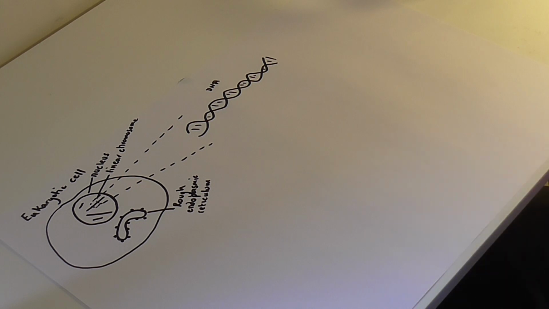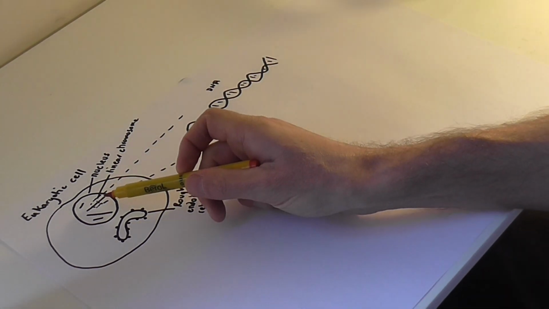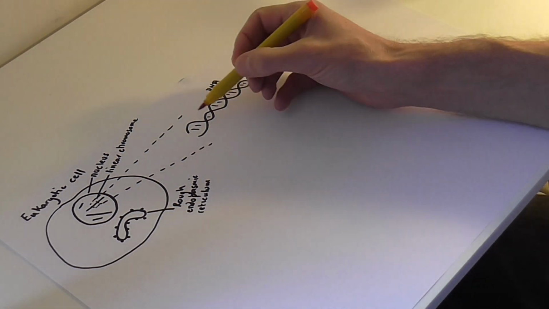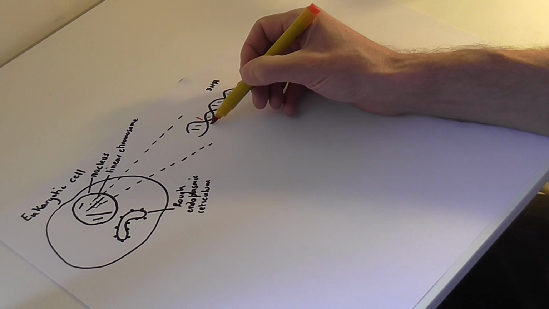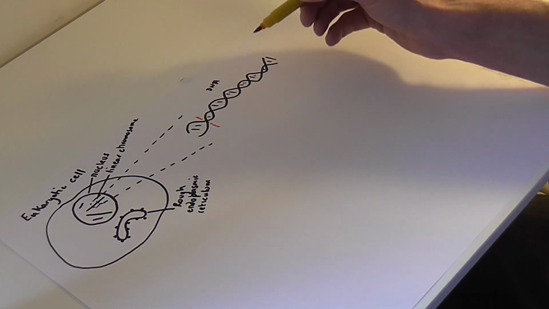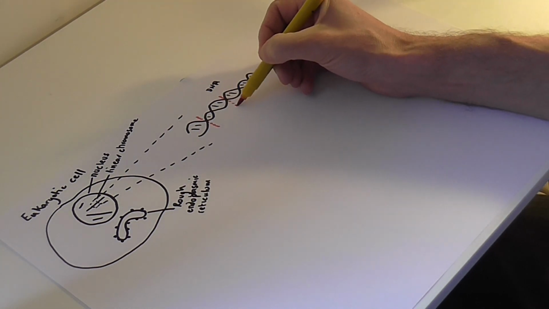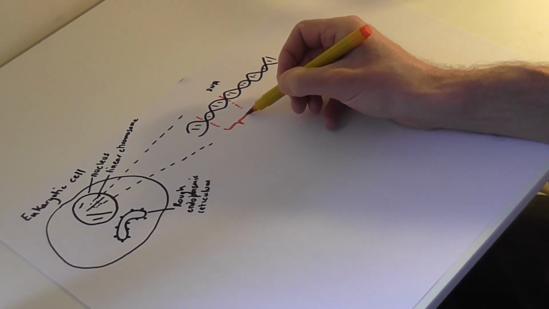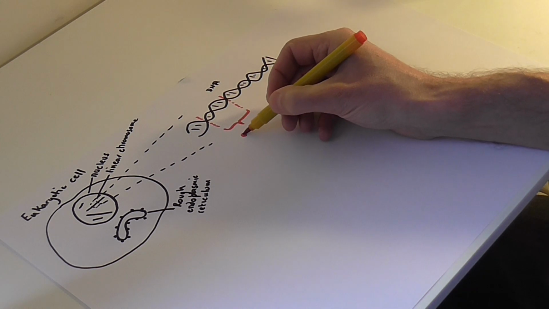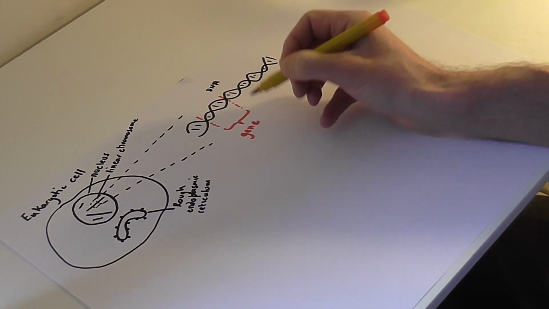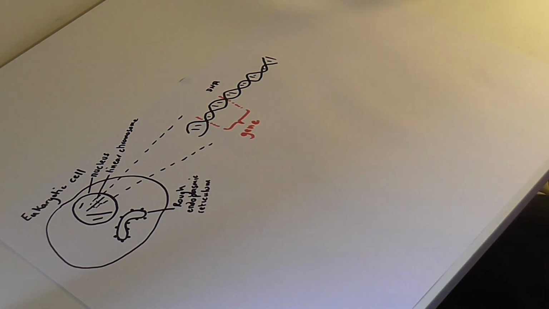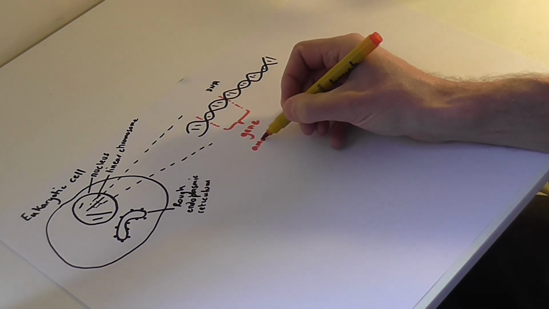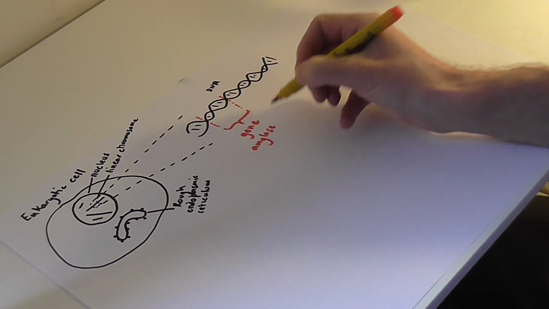So for example, on this particular chromosome, here's a sequence of DNA from this point just here, let's say, to this point just here. That sequence of DNA bases is going to be the gene that codes for, and I'm just going to give an example, amylase enzyme.